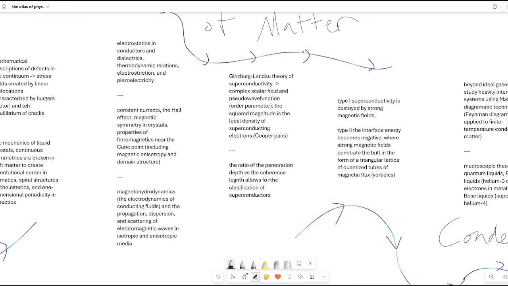So this complex scalar field, the pseudo wave function or the order parameter, is constructed, and the squared magnitude of this function is the local density of superconducting electrons.